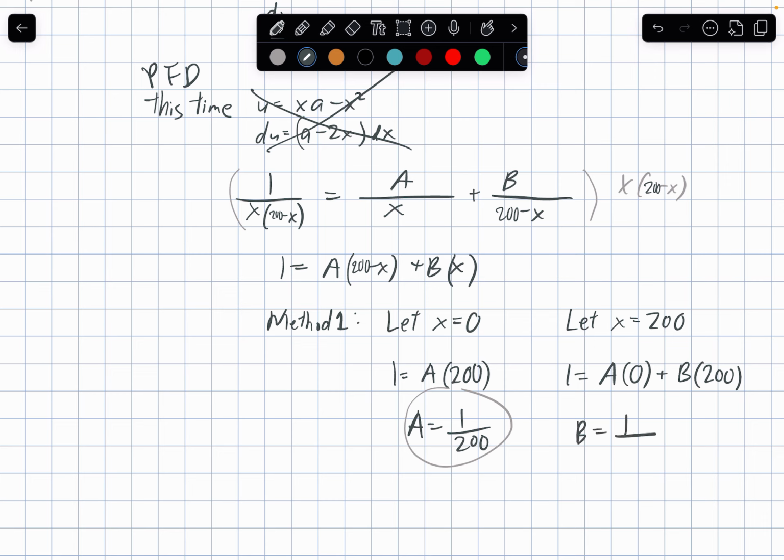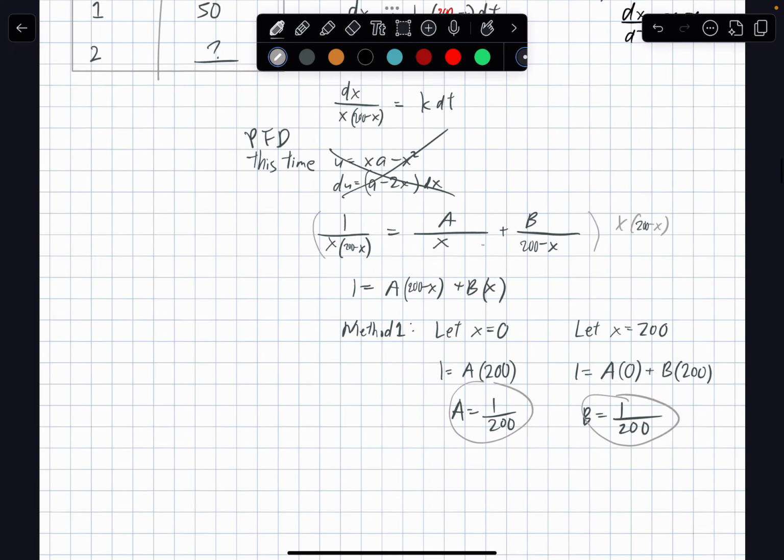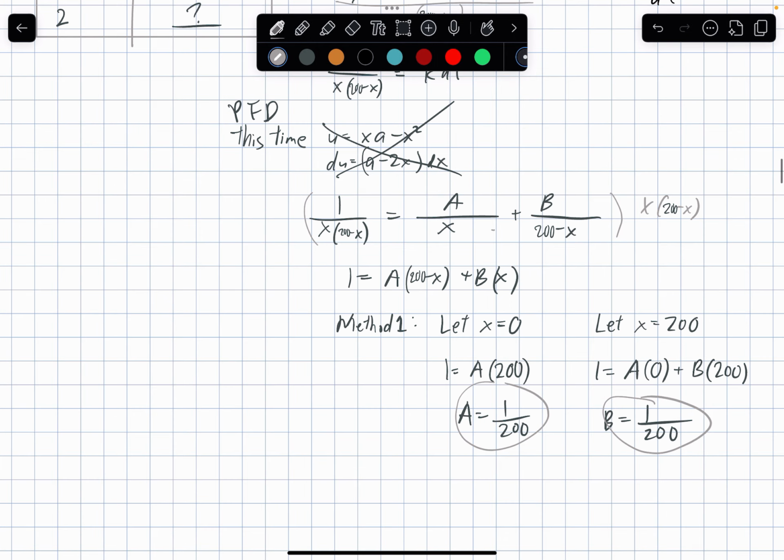Same thing. B is also equal to 1 over 200. Substitute back. So 1 over x times quantity 200 minus x is equal to 1 over 200 over x plus 1 over 200 over 200 minus x.